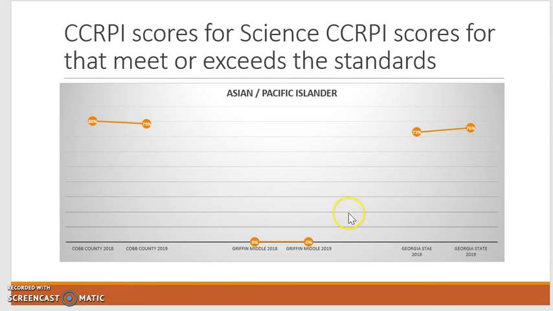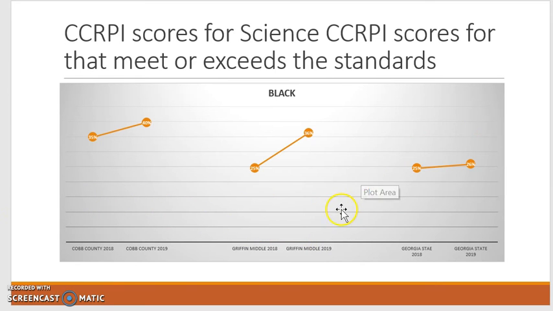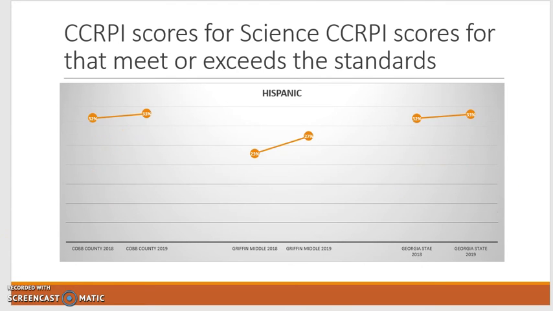Pacific Islander, there were not enough to count according to the CCRPI website. And among the black population, there's a tremendous gain of 11%, going from 25% up to 30%, outscoring the state level and just under the county level.